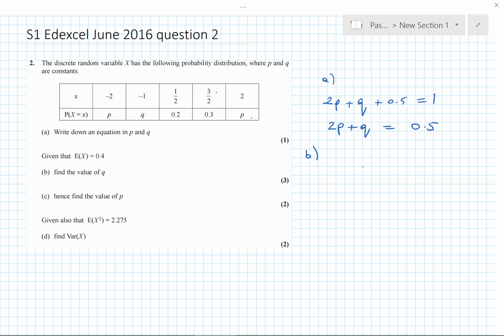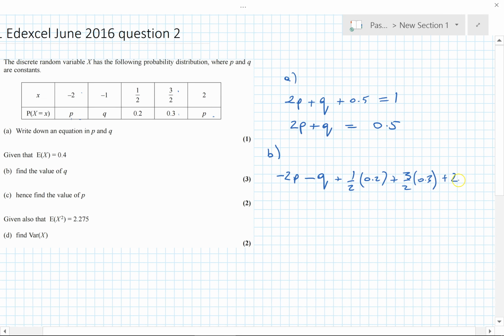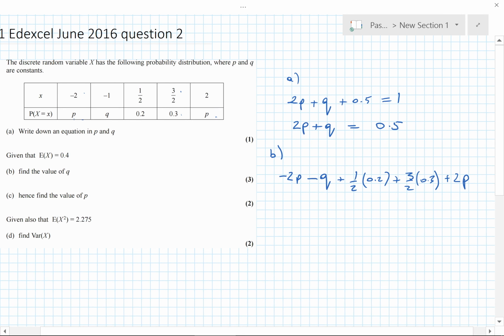We'll see what happens. So we've got minus 2p, that's that times that, minus 1 times q, let's just write that as minus q, plus a half times 0.2, plus 3 over 2 times 0.3, plus 2 times p, 2p, equals the thing we're given, which is 0.4.